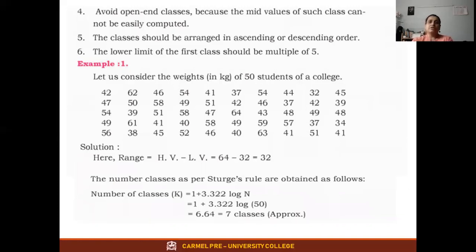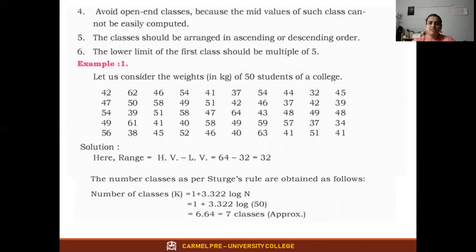Then how should it be arranged? Either in ascending order or descending order, not mixed up. The class intervals 0 to 10, 10 to 20, 20 to 30, or 30 to 40, 20 to 30, in order. It should not be mixed up. It should usually be in ascending order.